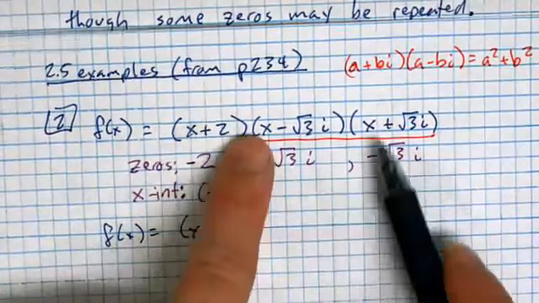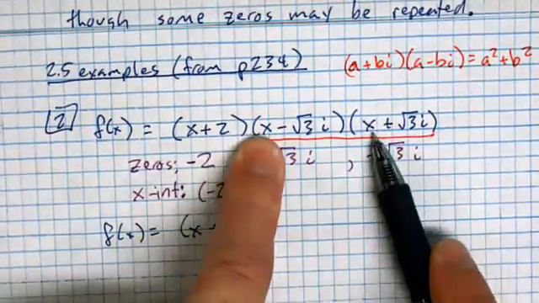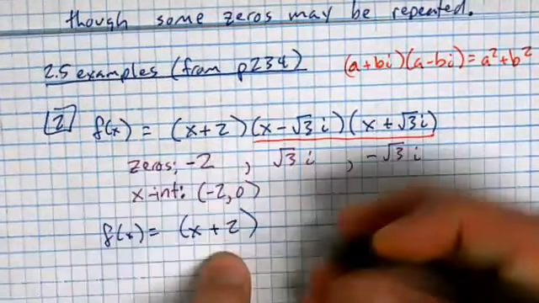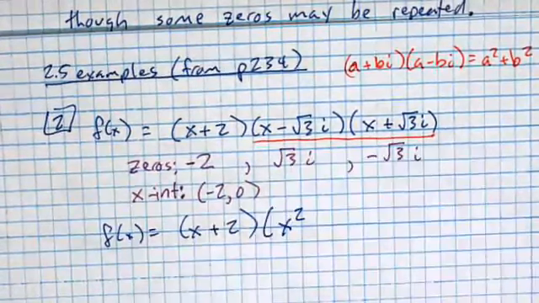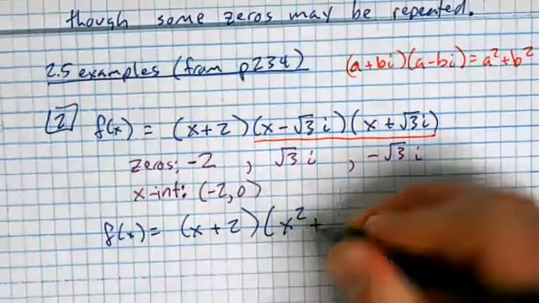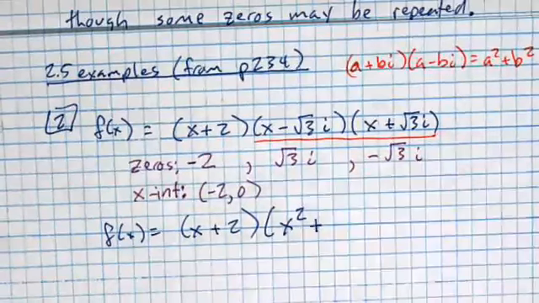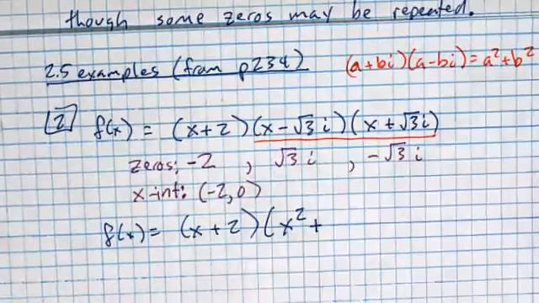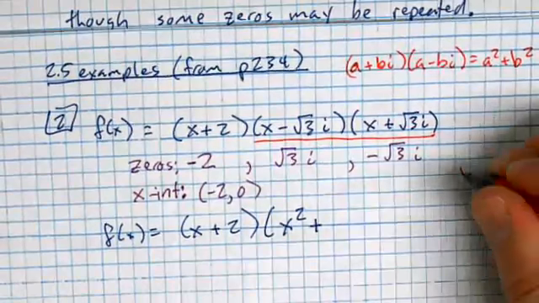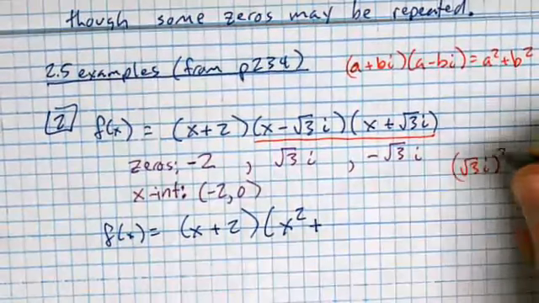So it looks like a in this case is x. So a squared would just be x squared. Plus, and then what am I going to get if I square root 3i? Root 3i squared would give me what?